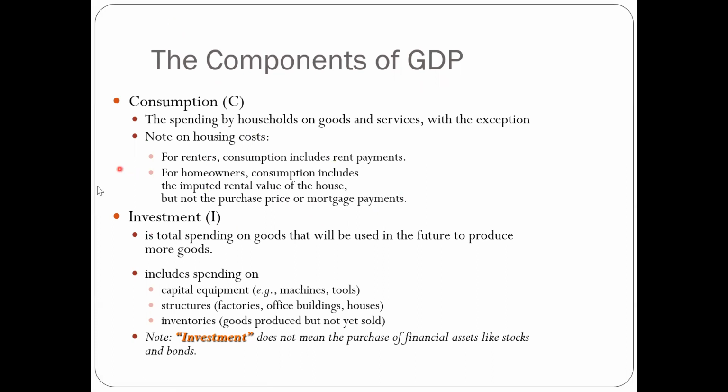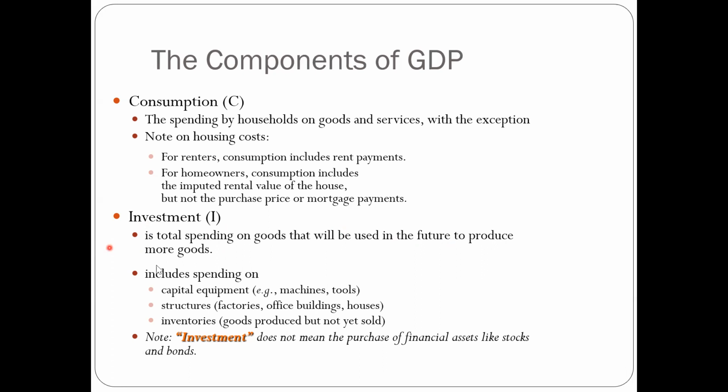The second component is investment, and we must focus. We take the gross investment in order to calculate the gross domestic product. And gross investment means that we include depreciation. Total spending on goods that will be used in the future to produce more goods. So we use investment in order to produce more goods.